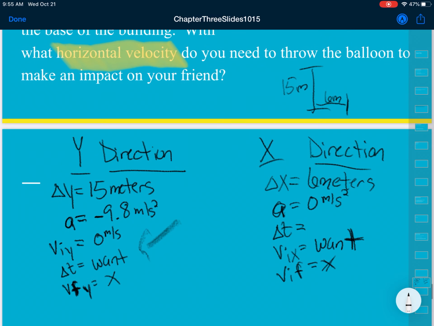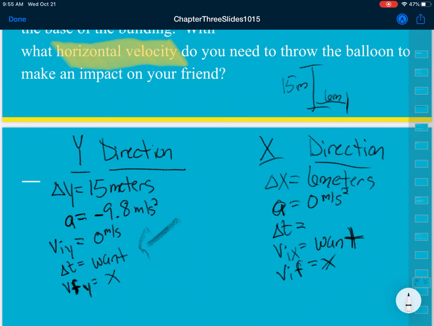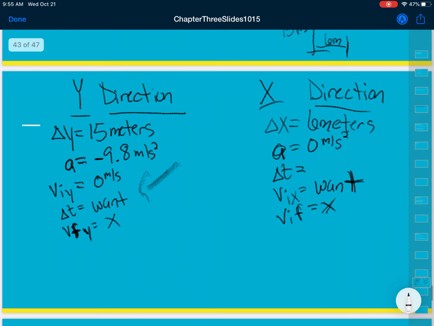So we are going to get started on what we need to find. We need to find delta t so I can plug that in over here to eventually find v initial x. Notice over here, guys, you currently have 3 unknowns.